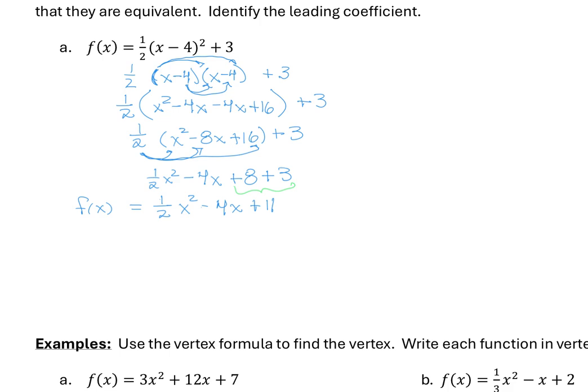Okay, now just to confirm that this is the correct function, we want to make sure that we have the same vertex. So we're going to use our vertex formula on this new equation. Remember, x is negative b over 2a. If we plug this in, minus negative 4 becomes positive 4, and if we multiply 2 times 1/2, or 0.5, that goes away and we just have a 4.